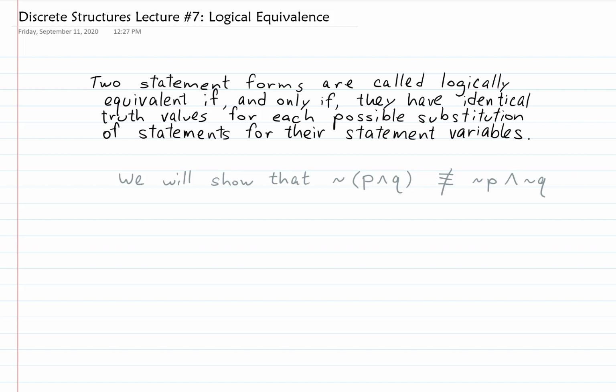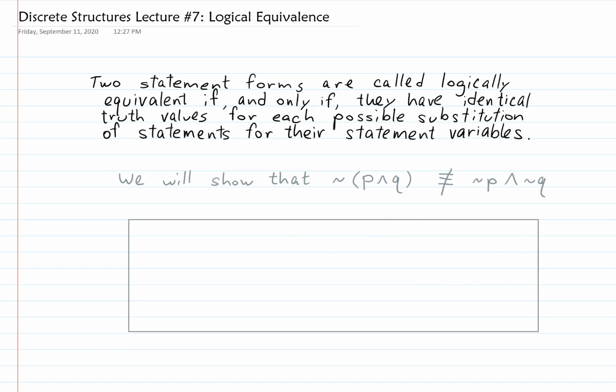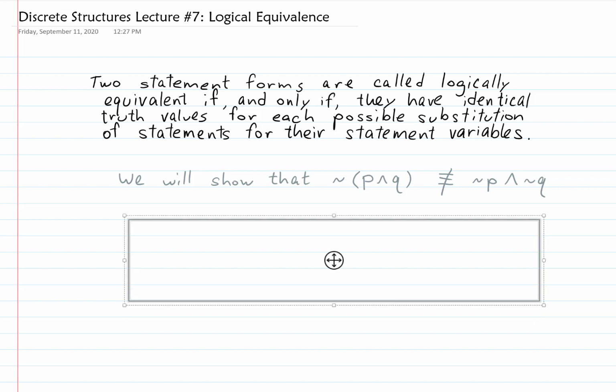Okay, so here's what I'm going to do. We're going to make a fairly large truth table here. That should be wide enough. Okay, and I'm going to make a truth table for that statement form first, and I'm going to build it up in pieces. So what are the variables involved?